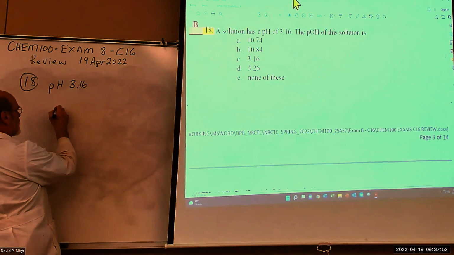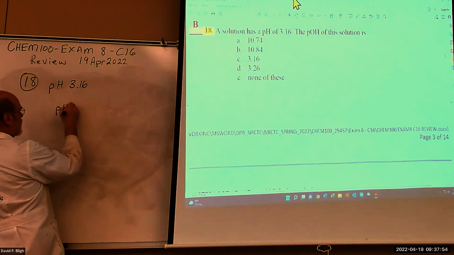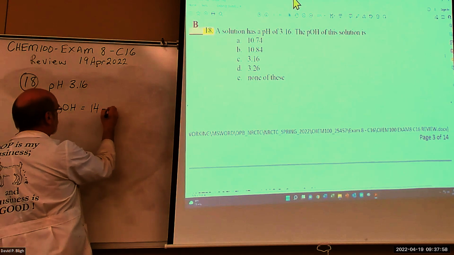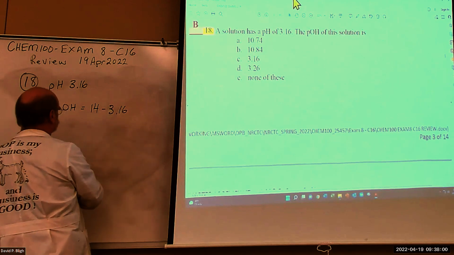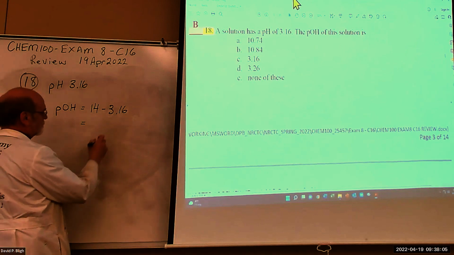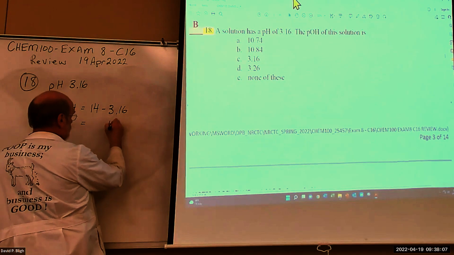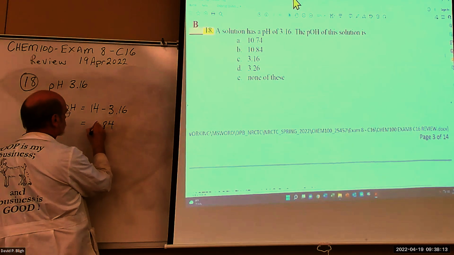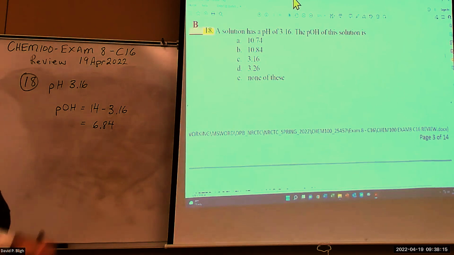That means that pOH equals 14 minus 3.16. Let's see if I can do that in my head. That'd be 4. 1 minus 8. 3 minus 6. 6.84.